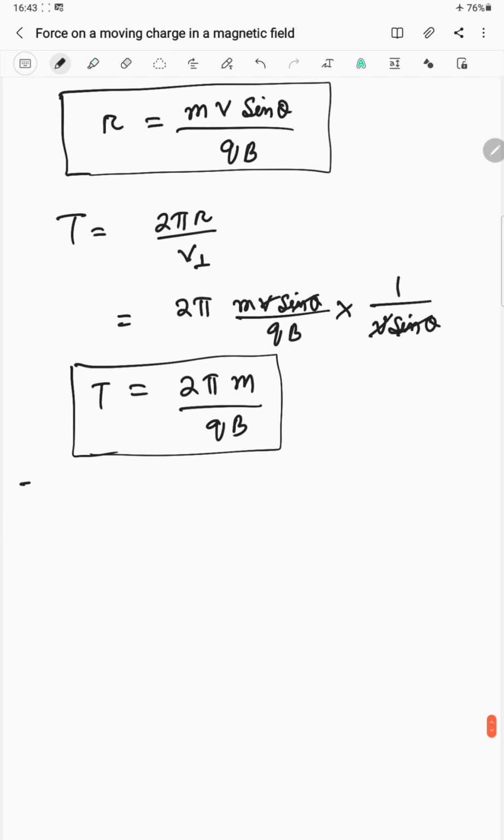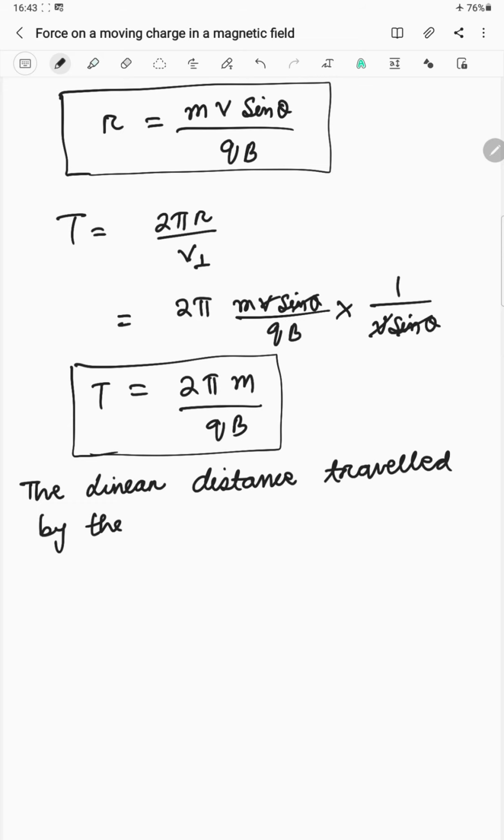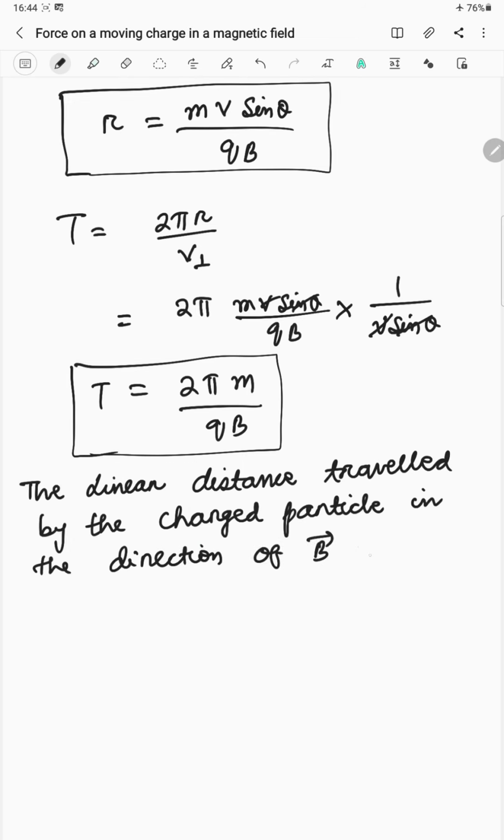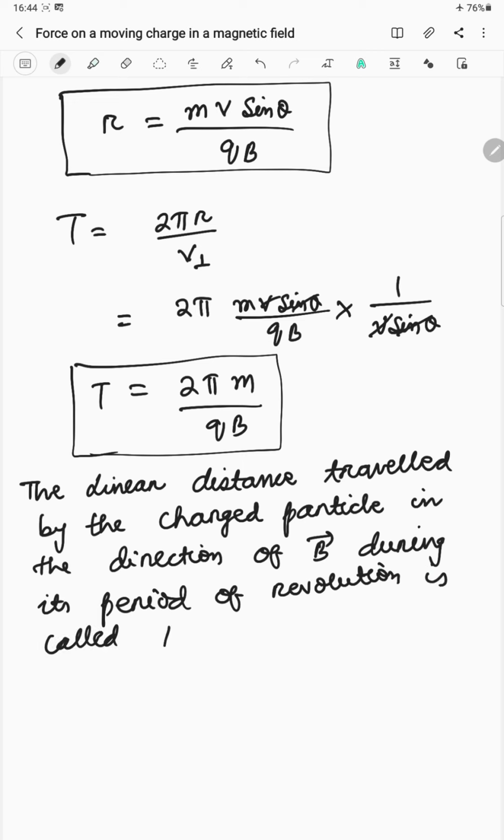So we can write here: the linear distance traveled by the charged particle in the direction of the magnetic field during its period of revolution is called the pitch of the helical path.